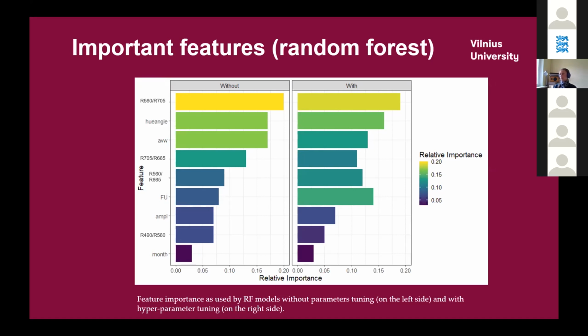Also the parameter derived from 4 bands, hue angle, and the band ratio which is often used for chlorophyll retrieval, the red edge band and red band ratio. And for example, month data in this case didn't help that much to separate those algal blooms, as I expected.